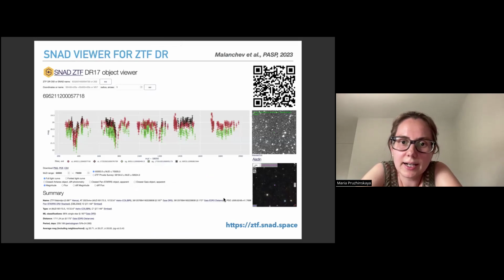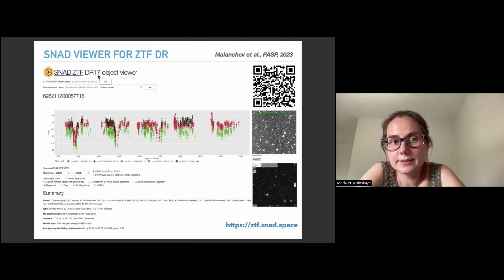Some other things I'd like to share is the SNAD ZTF viewer. If you are working with ZTF data, it probably could be interesting for you. This viewer was developed by Konstantin Malanchev for SNAD, and it provides you with access to different data releases of ZTF, and object light curves in 3 passbands.